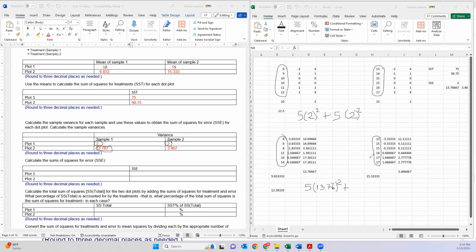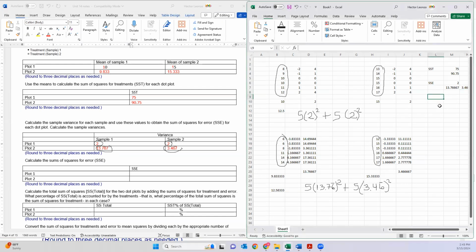There's 6 numbers. So I'm going to say 5 because I have to go one less. And what was my variance on that one? It was 3.4 and a bunch of sixes, all squared. So I just wrote down what I'm going to be typing.